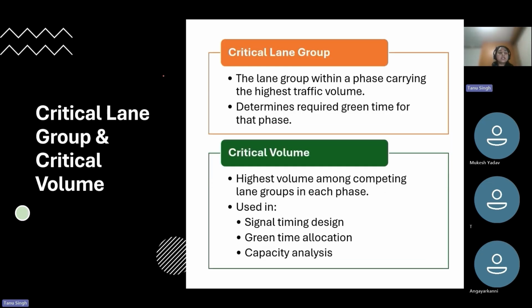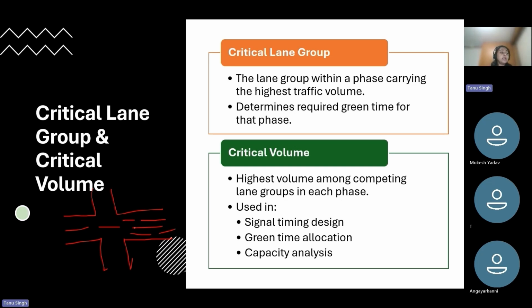Then coming to the critical lane group and critical volume. Within each phase, one lane group will carry the highest traffic volume. That lane group is called the critical lane group. For example, there are multiple lane groups and one of the lanes will have more traffic volume as compared to the others.